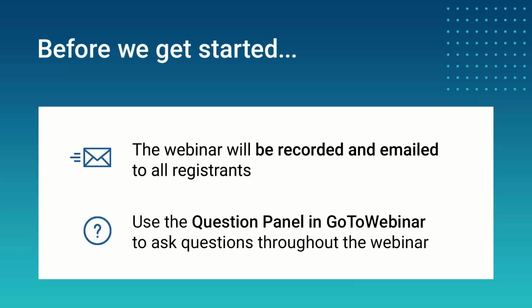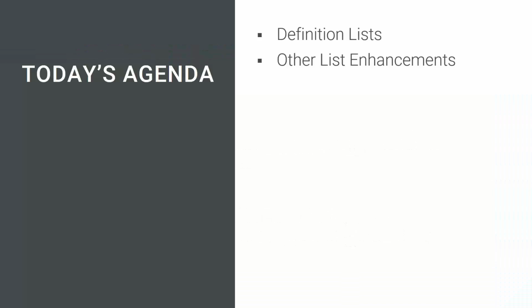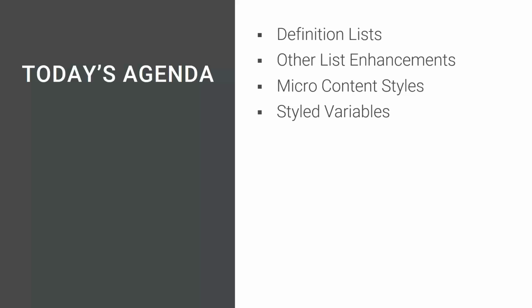Now, I'm going to put PowerPoint away in just a moment, but I do want to review our agenda today. So in today's agenda, we're going to start by talking about some new list enhancements, including the ability to insert definition lists and some other list enhancements. Then we're going to turn our attention to styles. We're going to talk about some new features for styling micro-content responses and field level / embedded help, and also styled variables.